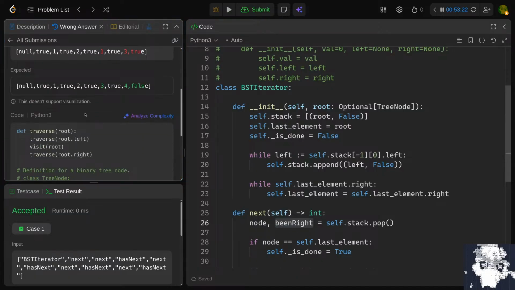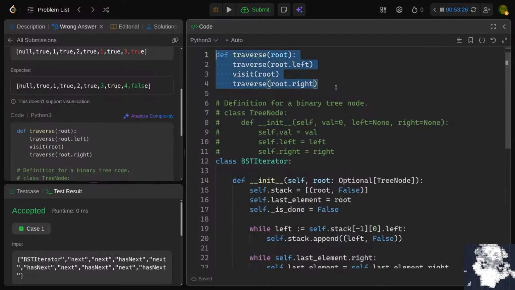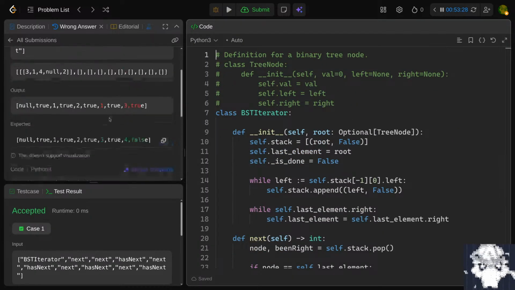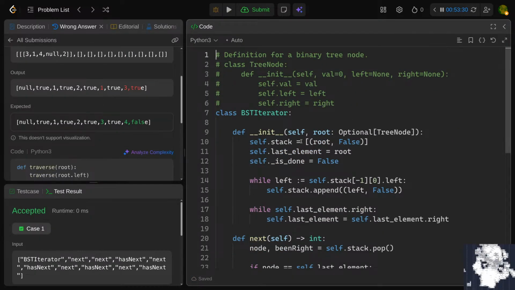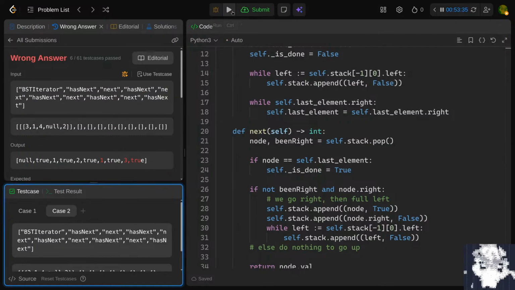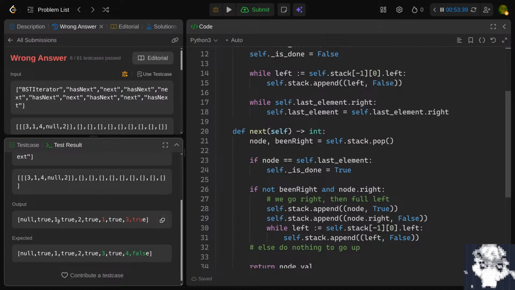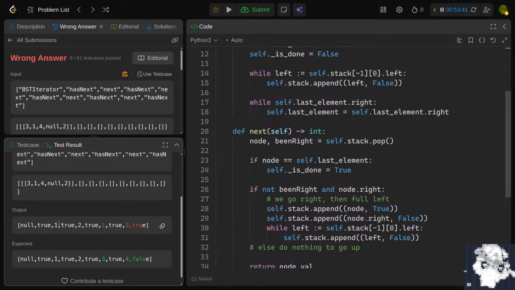Oh, wait. Wrong answer. Oh, this doesn't need to exist here. Interesting. Okay, I thought we had figured this out. Use test case. I wish we could visualize the test case.